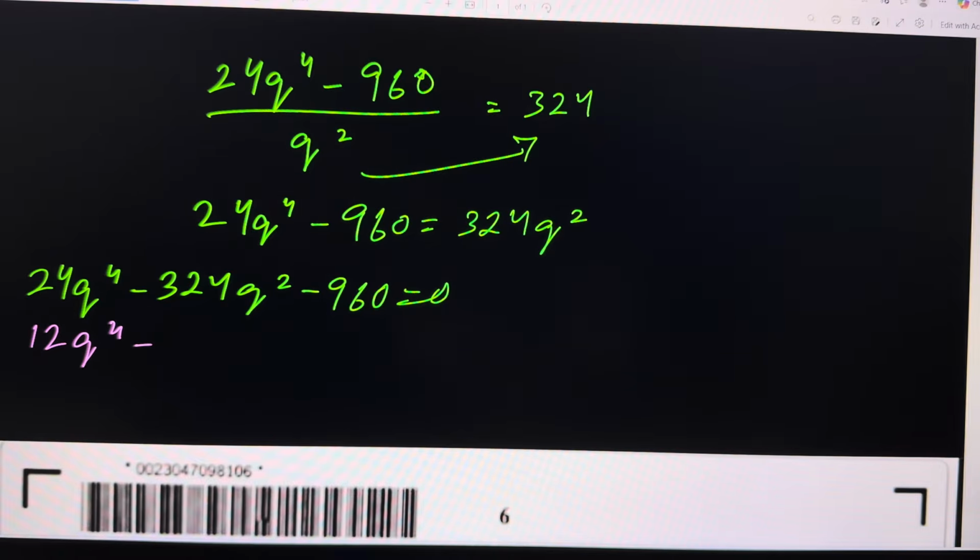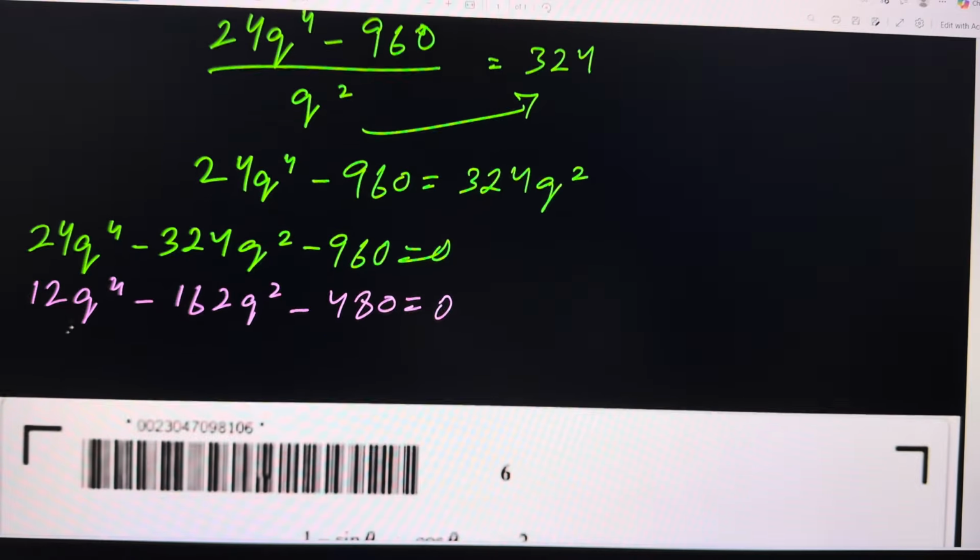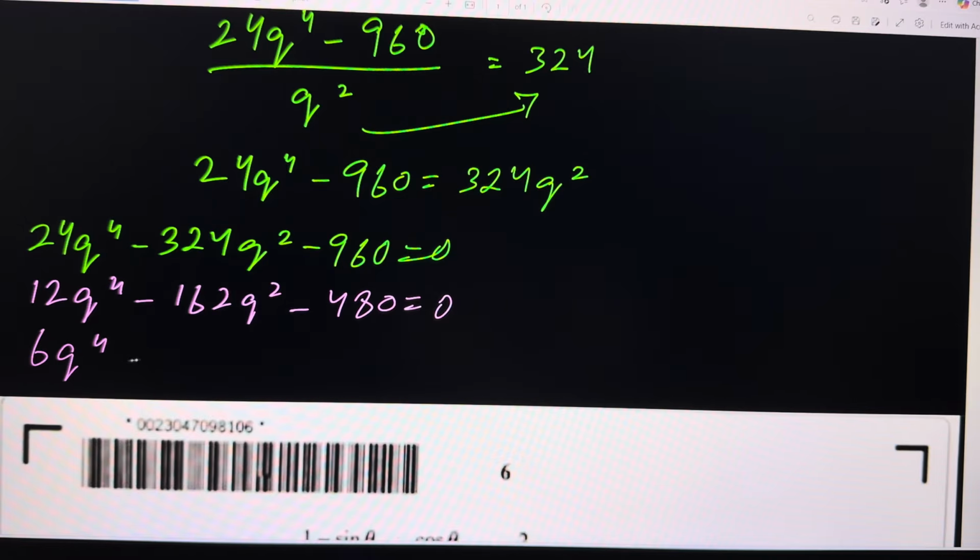12q^4 minus 324 divided by 2, 162 q squared minus 480 is equal to 0. Again we can do it by 2 again, so 6q^4 minus 81q squared minus 480 divided by 2 is 240.